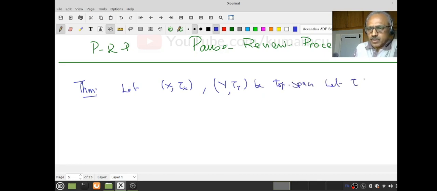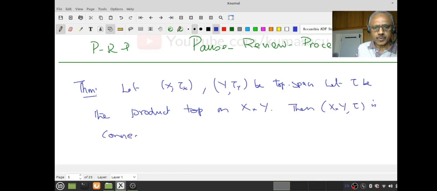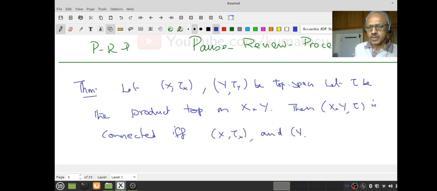Let tau be the product topology on the Cartesian product x cross y. Then x cross y tau is connected if and only if x tau x and y tau y are connected.